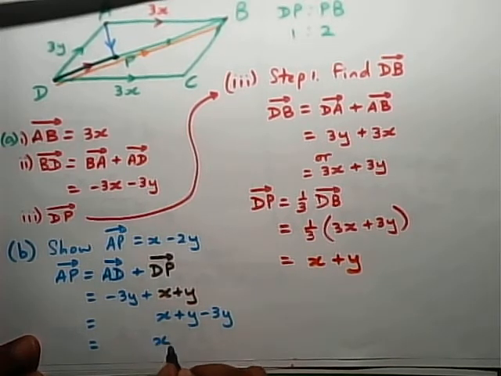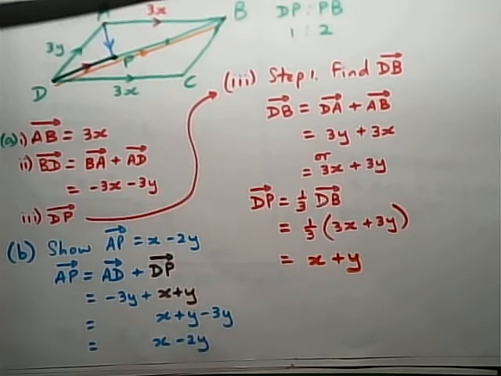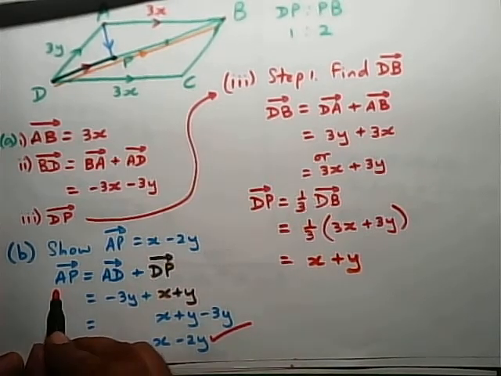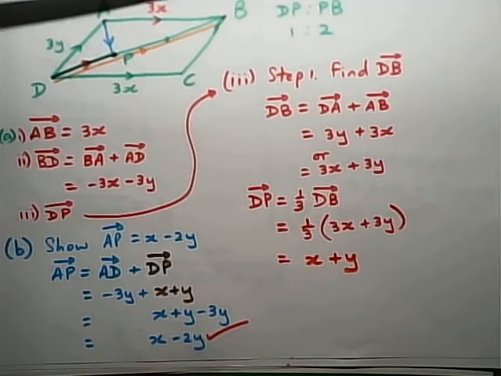So you end up with x minus 2y. And so you've just proven that AP is equal to this.